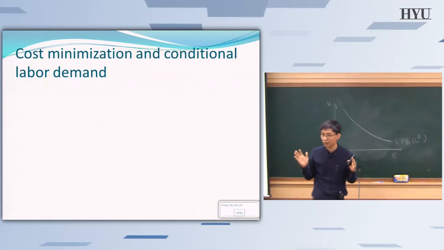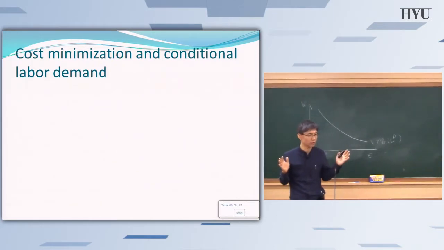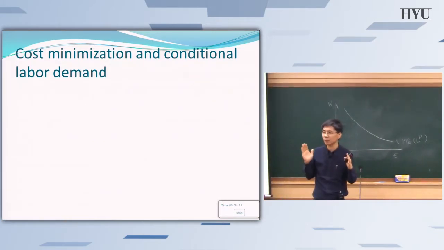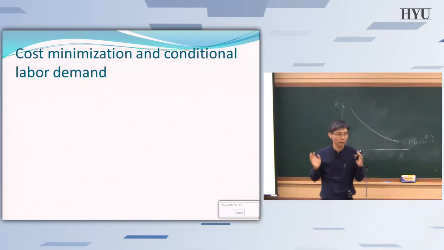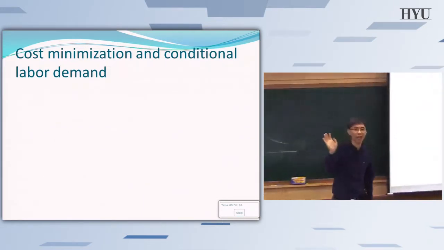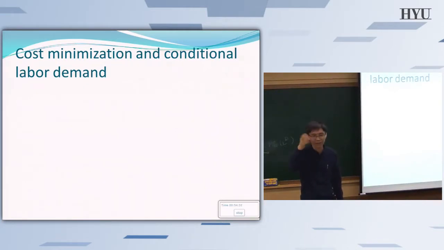What is the most efficient way? In this case, it must be minimizing the cost. What is the cheapest way of producing 1 million units per month? We don't question why they derived 1 million units per month. We just assume it is given.